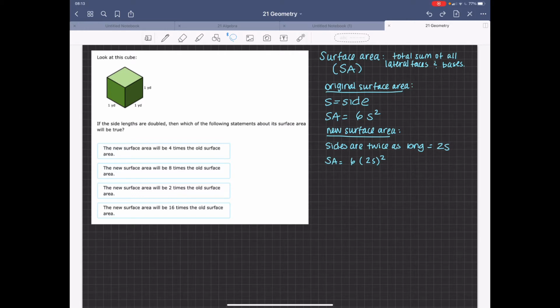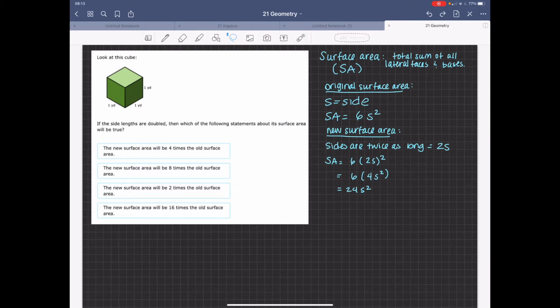So I take the 2 exponent and I distribute it into the parentheses. And then from here, I get 6 times 4S squared. And 6 times 4 is 24. So my new surface area is going to be 24S squared.